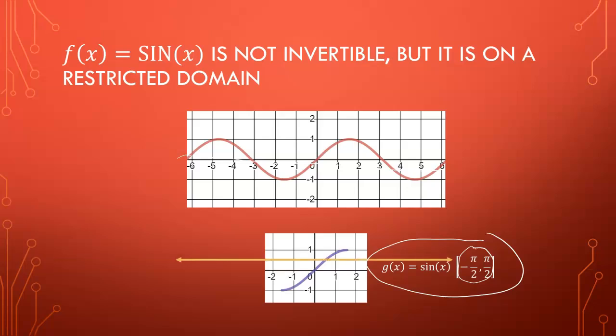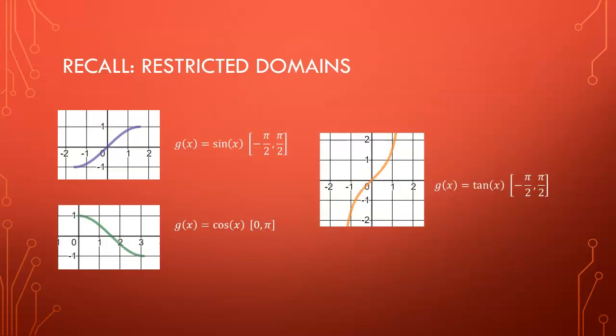Look, I had horizontal lines that showed up. These are the restricted domains for the other functions, just so you are aware. Some people remember them as quadrants of the unit circle, and so the sine function is quadrant 4 and quadrant 1, but it's not the values from 0 to pi over 2 and then the values from 3 pi over 2 to 2 pi.